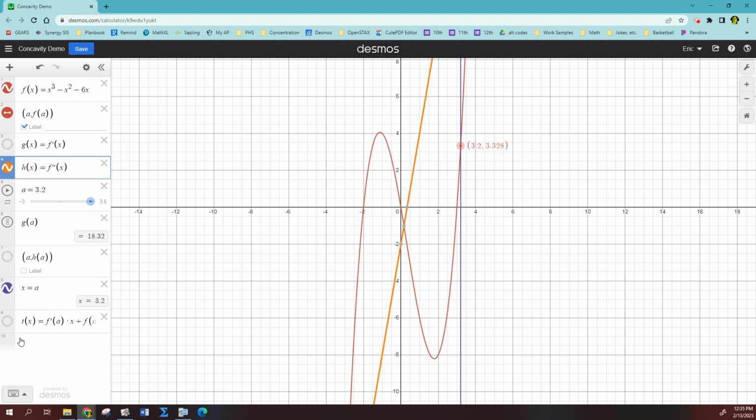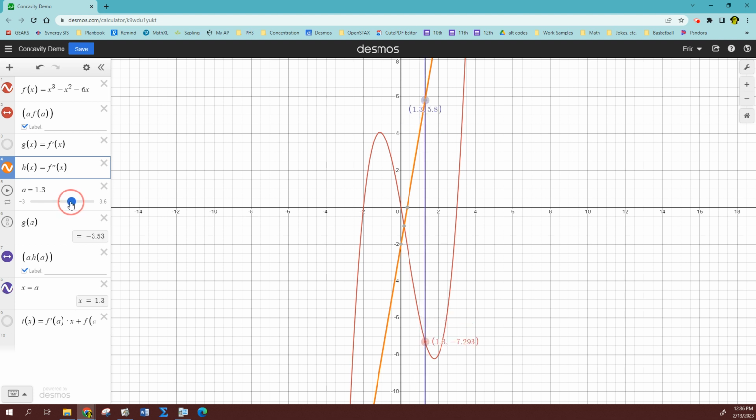Okay, so again, let's look at this point. If I scoot, notice what I'm graphing here. The red point is just the coordinates of the point on the function.